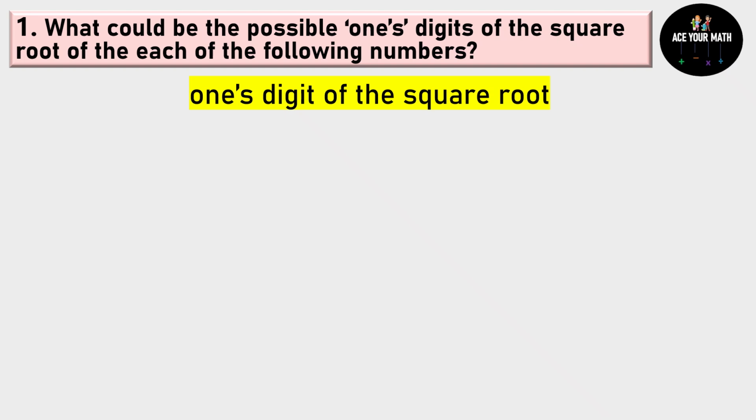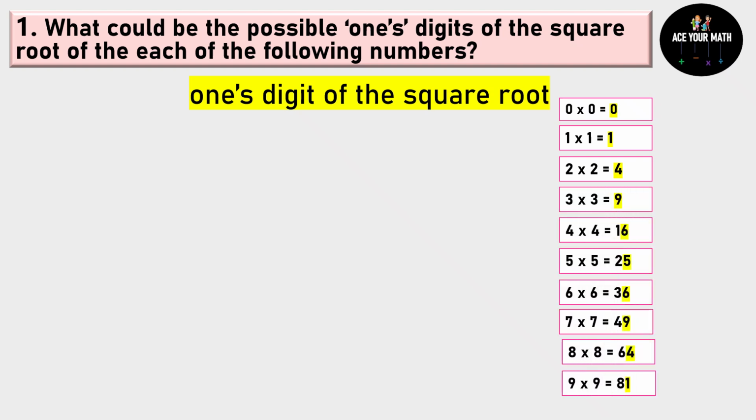Before solving this question, first of all, we will write down the squares of numbers starting from 0 till 9. Square of 0 is 0, square of 1 is 1, and the unit digit is 1 here. When you find the square of 2 you get 4 at the unit place. Similarly, when you find the square of 3 you get 9 at the unit place.